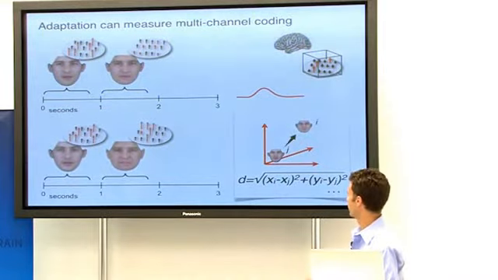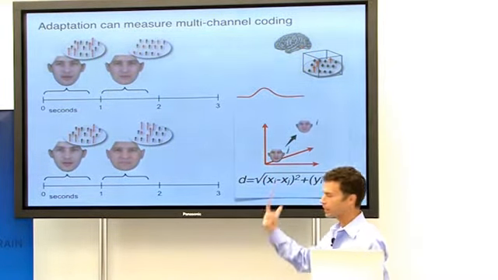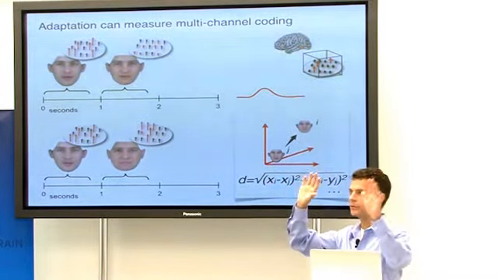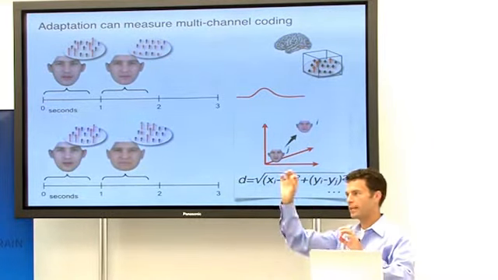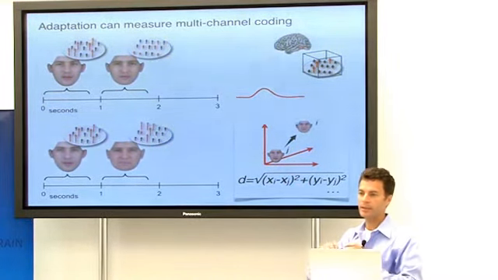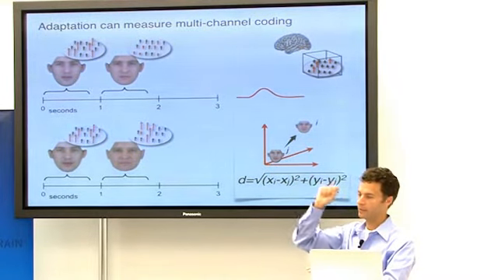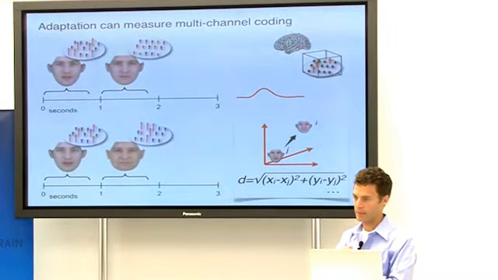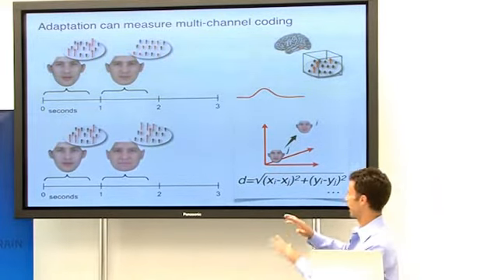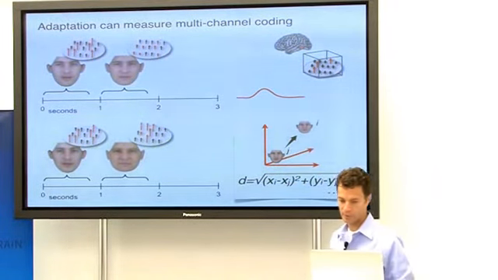But without getting into those details, there's some multidimensional space in which any one face can be described as the simultaneous degree of firing of each of the set of neurons that make up that representation. And adaptation is giving you something about the distance between the two.